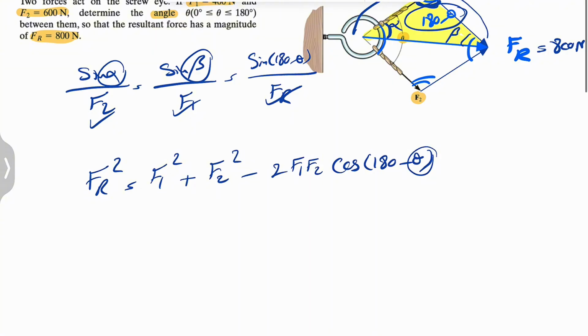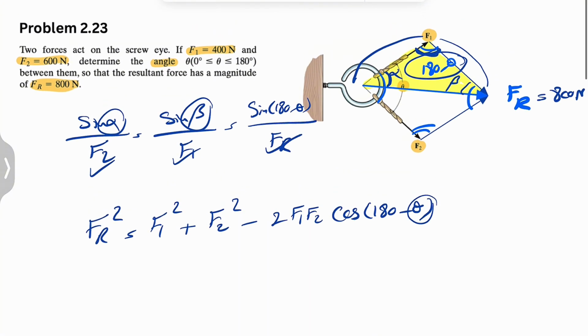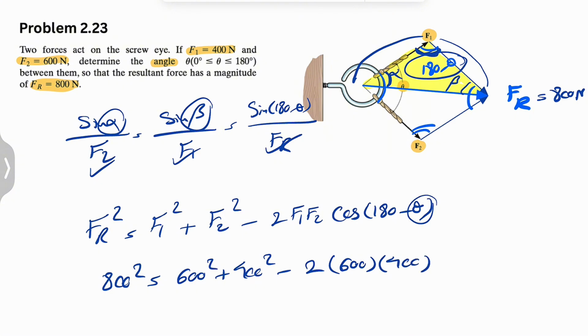Let's just plug in the numbers and not make it complicated. 800 squared is equal to 600 squared plus 400 squared minus 2 times 600 times 400 times cosine of 180 minus theta.